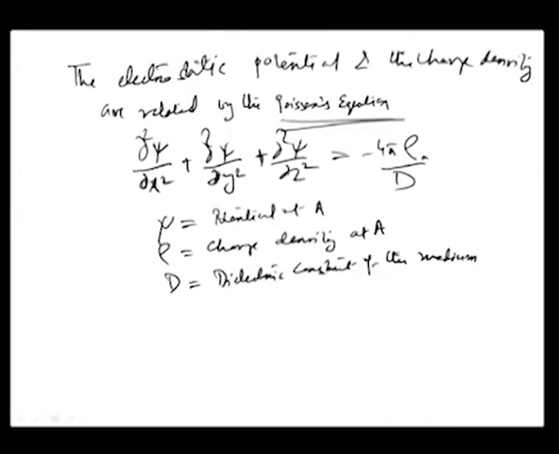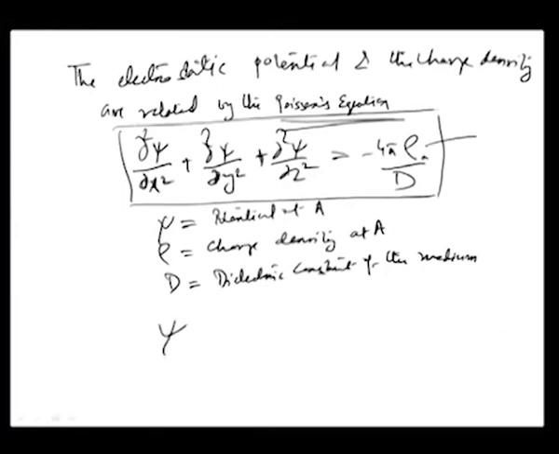So we want to somehow be able to solve this equation to find a relationship between xi and all these other terms, like charge density, dielectric constant, and of course this space term, so that xi can come as a function of the spatial variation and also the variation of the charge density between different shells around the central line of interest. So what we'll try to do is use a simple conversion technique to convert this whole equation into polar coordinates.